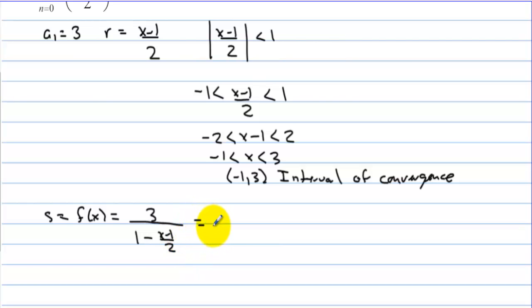Now we can't leave that as a complex fraction, so let's multiply everybody by 2. That gives us 6 over 2 minus (x minus 1). And we are minusing this whole thing, so we need parentheses around this. So we have 6 over 2 minus -1, that's 3 minus x.